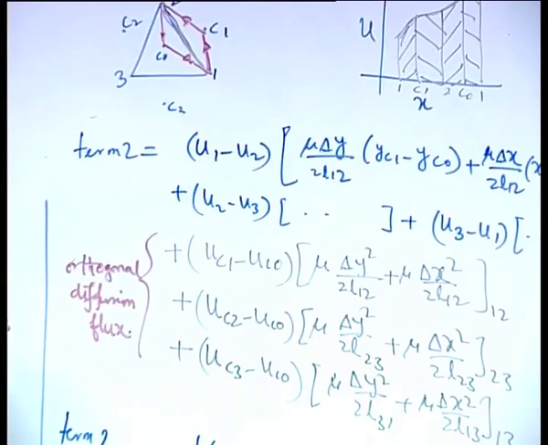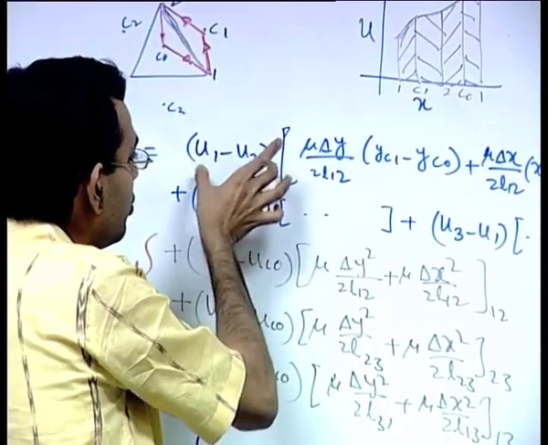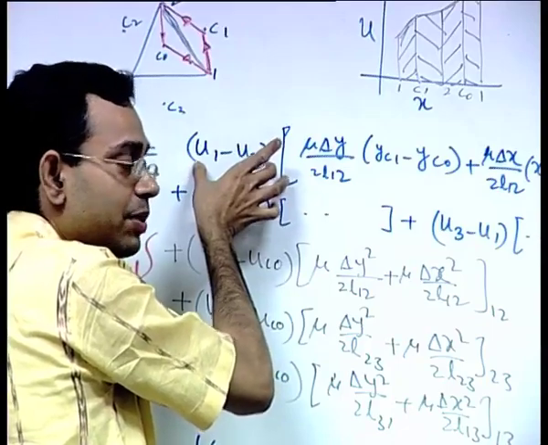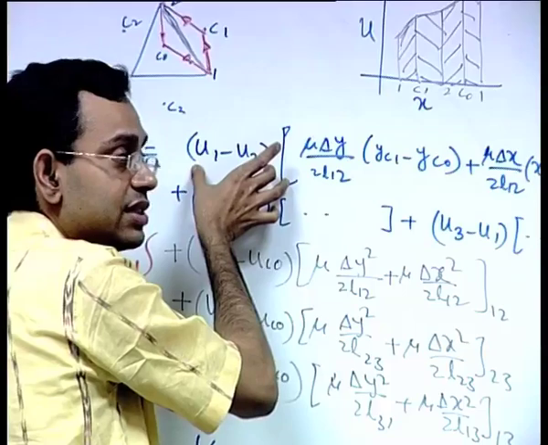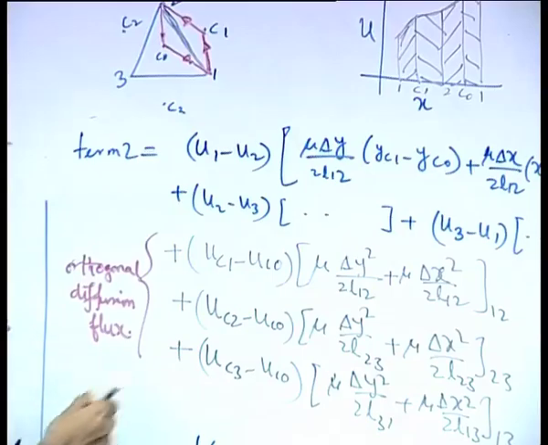And interestingly, the diffusion flux also has components which are not driven by the difference in values of the neighboring grid points but difference in values of the vertices. So this we call as non-orthogonal diffusion flux.